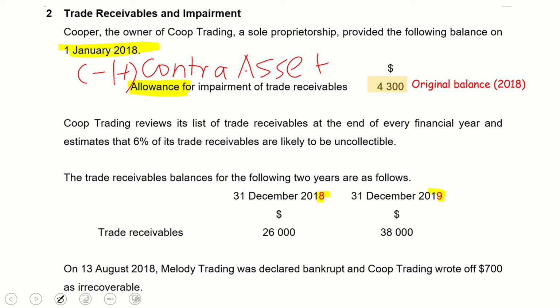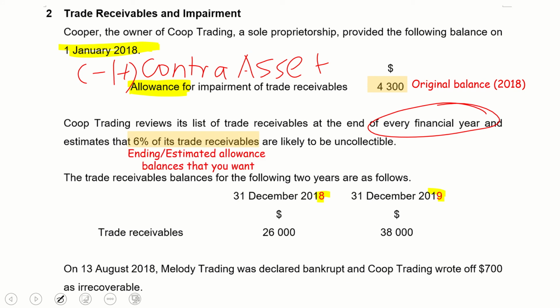The question also tells you that Cooper reviews the list of trade receivables, and every year at year end he will do that. And he estimates that 6% of the trade receivable is likely to be uncollectible. Now, this 6% is the ending balance, or the estimated allowance balance that you want. The 6% of trade receivables is given to you in the next information.